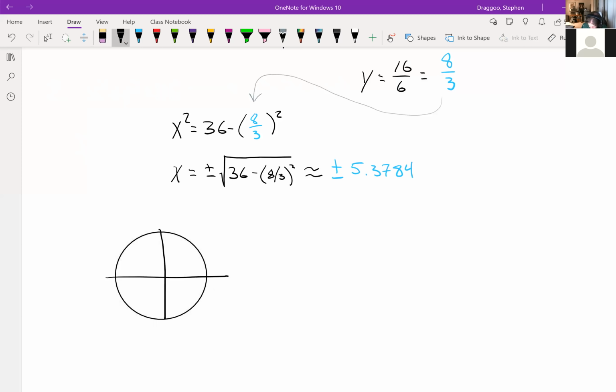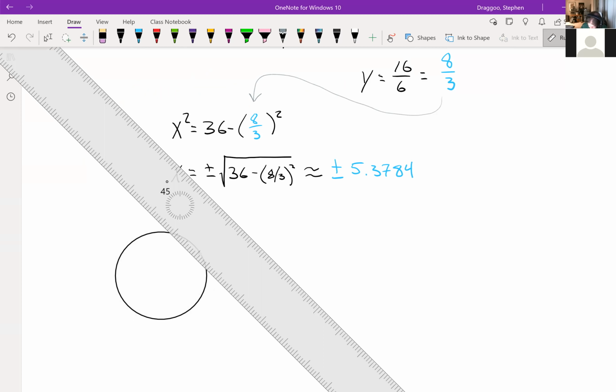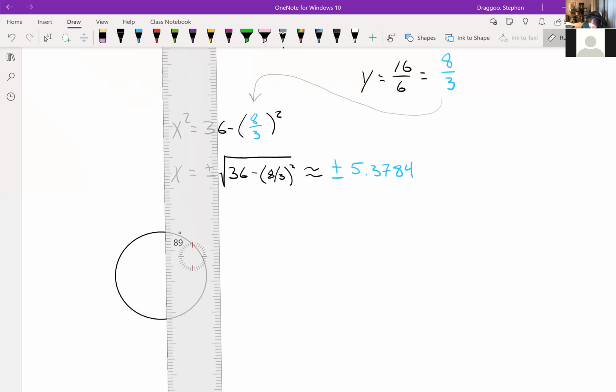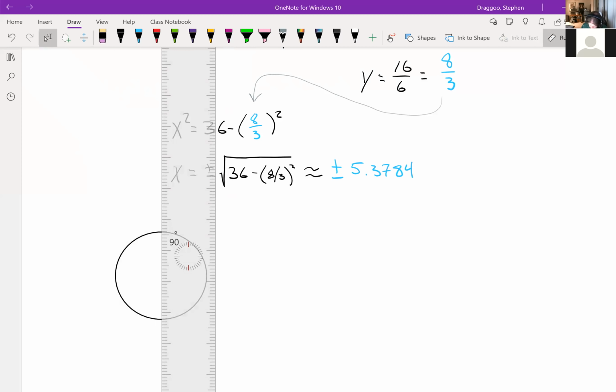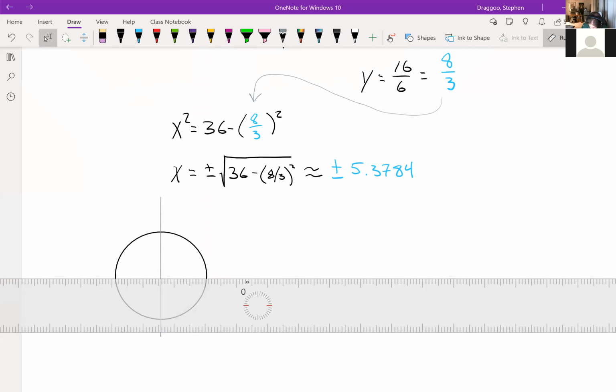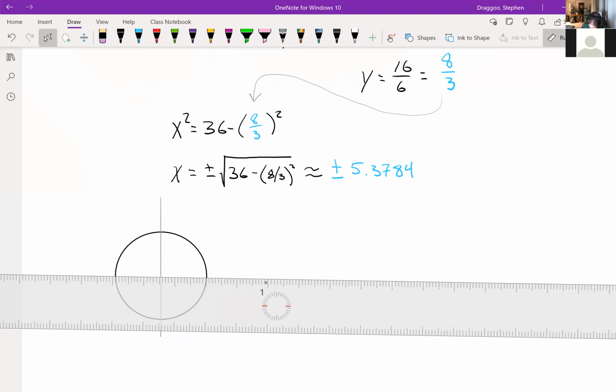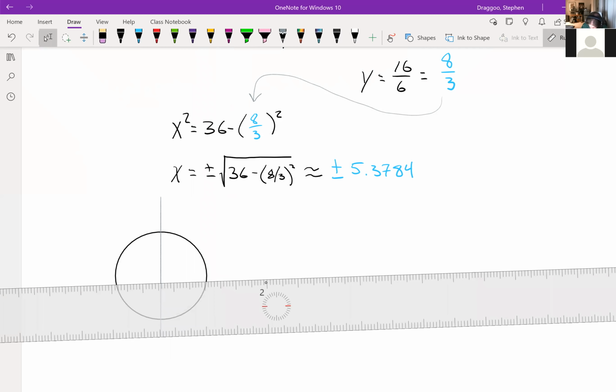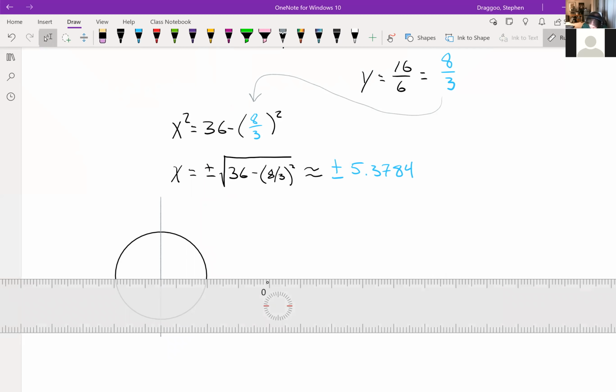Not my cleanest ever. You know what? I'm just going to pull out a ruler. Come on. There we go.